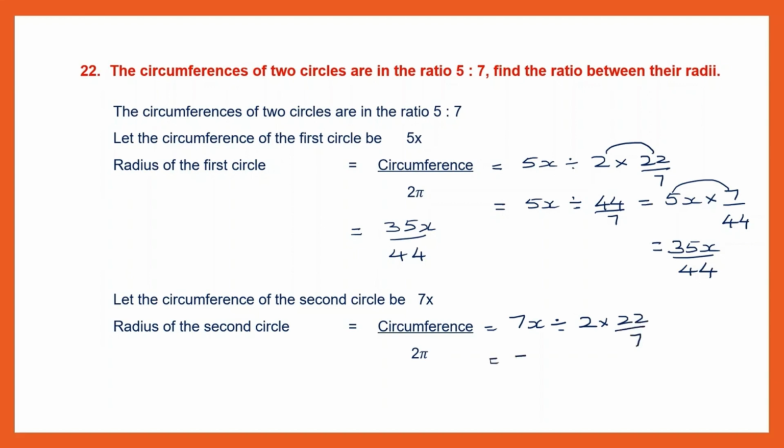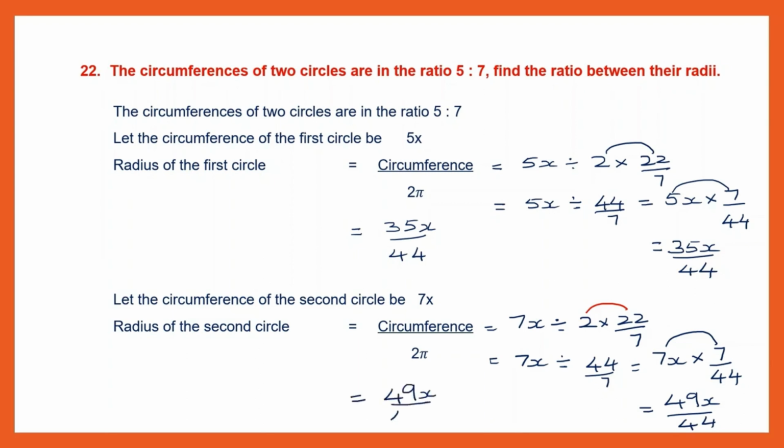That will be 7x divided by 2 into 22 is 44. So that is 44 by 7. This is 7x into 7 by 44. So what do we get here? 7 into 7. 7 sevens are 49x by 44. So we have found the radius of the second circle to be 49x by 44.